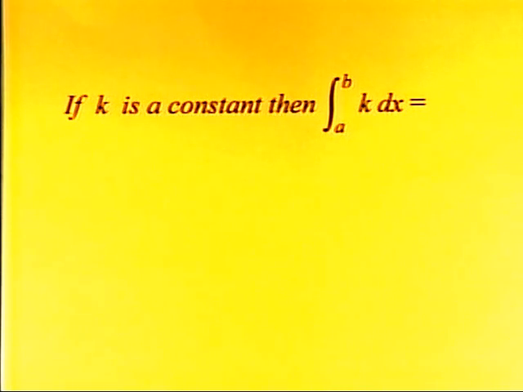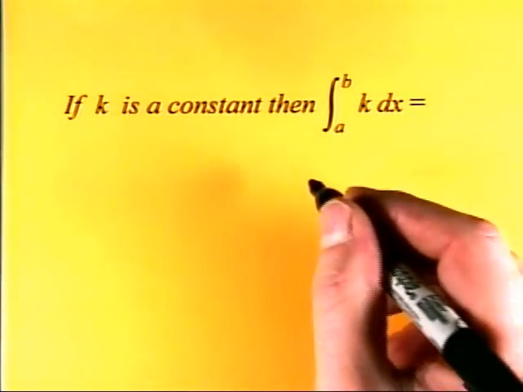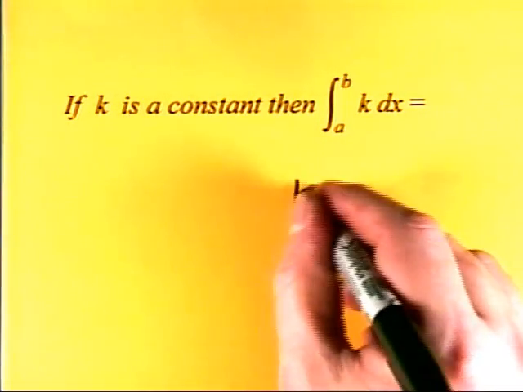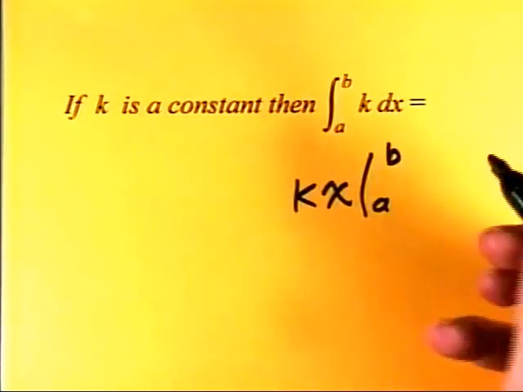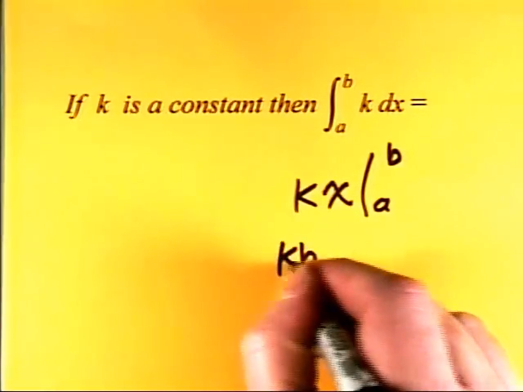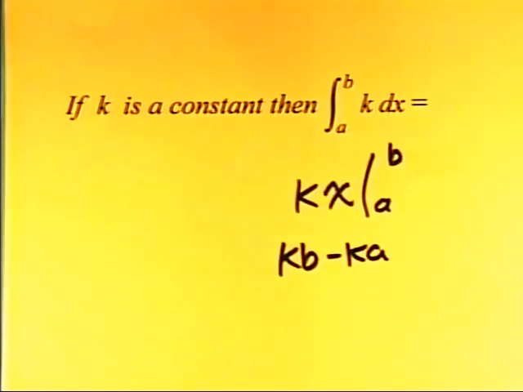What's the answer? KB minus KA. How do you know that? What's the integral of K? Integral of K is constant, so you just take the X. Just use the power rule. It's just Kx from A to B, right? So it's KB minus KA. That wasn't too bad, right? Yes, that's easy.